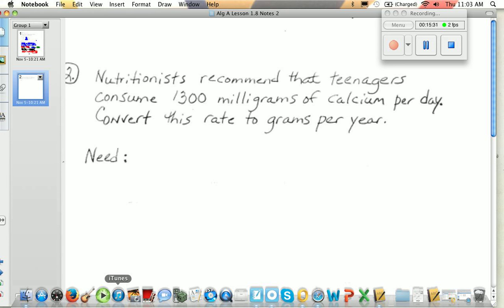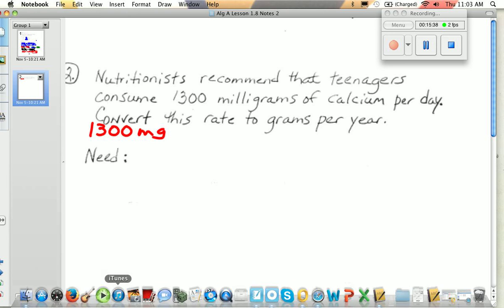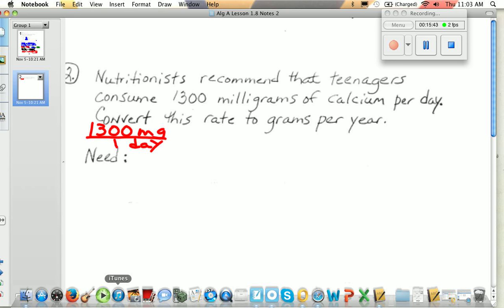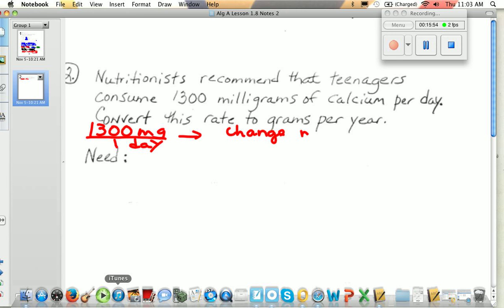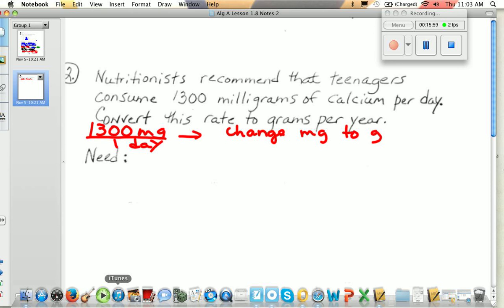So we have 1,300 milligrams per 1 day, that's what they wanted. So we need to get from milligrams to what? Grams. mg is milligrams, common abbreviations we can use, and grams is just g.